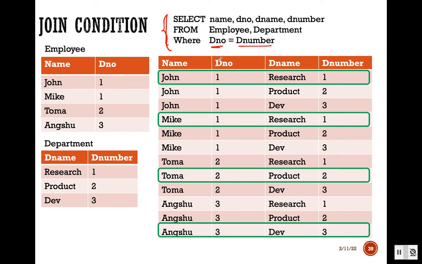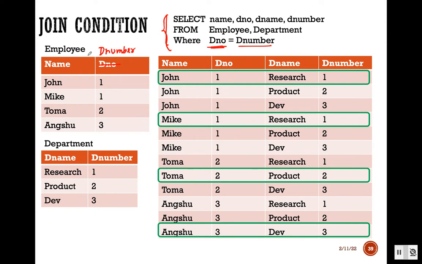Here the attribute names are different, so by default my query compiler will understand automatically that dno is from employee and dnumber is from department. Now let's say the employee table has an attribute with the same name, dnumber, instead of dno. This is possible because these attributes are in different tables, and they both mean the same.